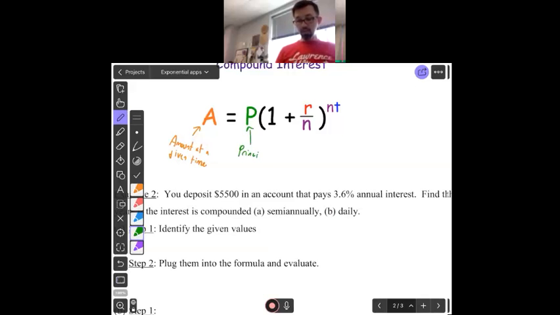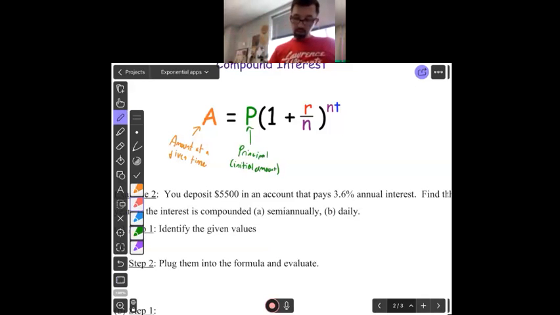If you had a $15,000 car loan, your principal would be that $15,000. If you put $2,000 into a savings account, the principal is that $2,000. So the principal is the initial amount, the starting amount. Just like the last one, we have an ending amount and a starting amount.